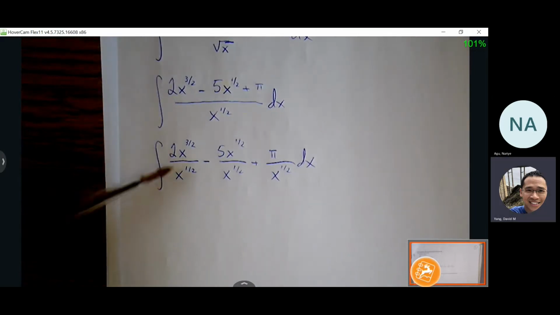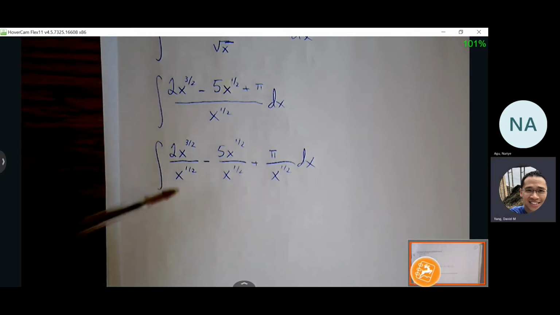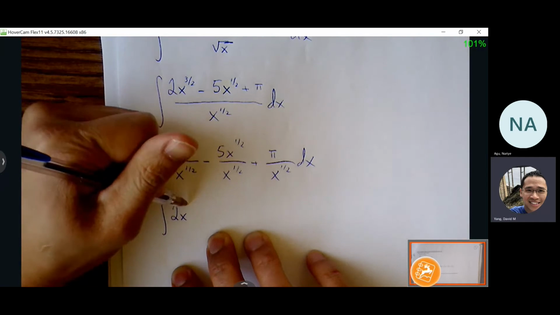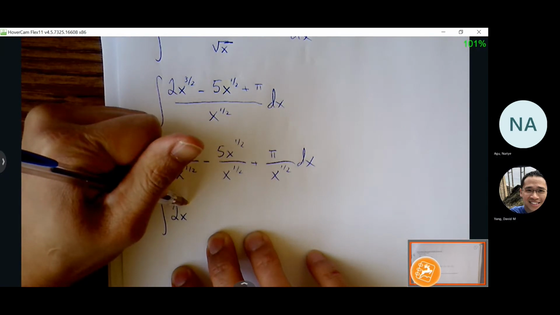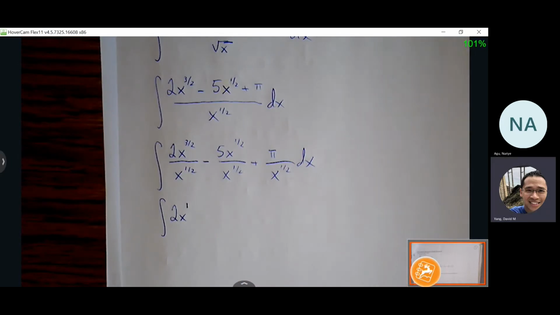Okay, how can I resolve this first fraction here? Okay, bring it up to the top, it becomes x to the negative 1/2, and then we're going to be adding exponents, right? So 3/2 minus 1/2 gives us just what? Okay. Okay, how about a second term?